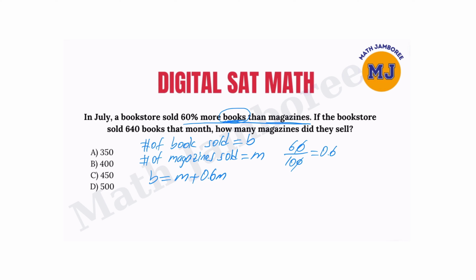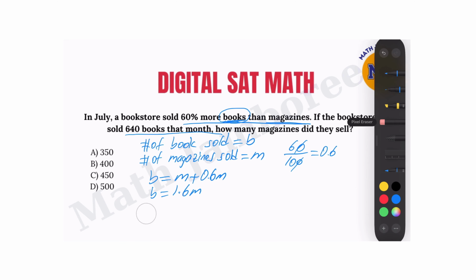So 0.6 of M plus M, so B is technically 1.6 M. And B, the number of books sold by the store, is 640 in that month, which is given to us.